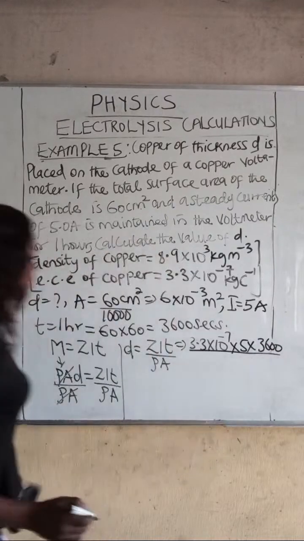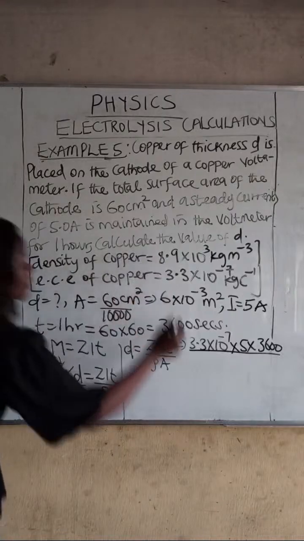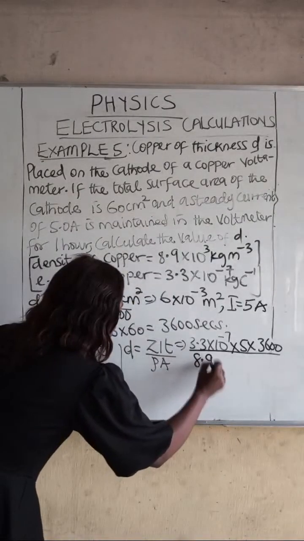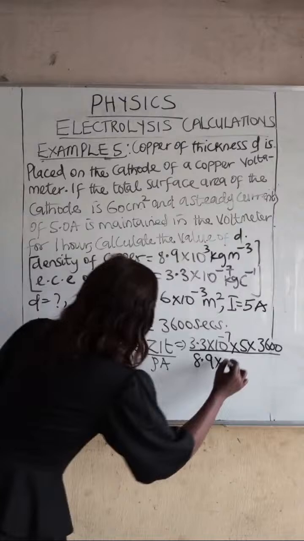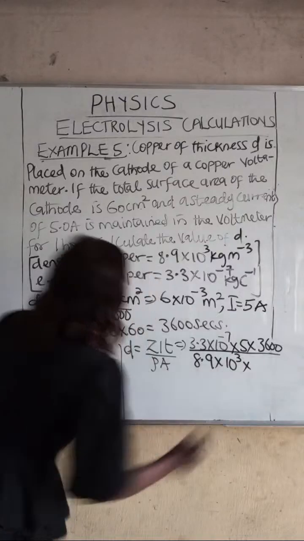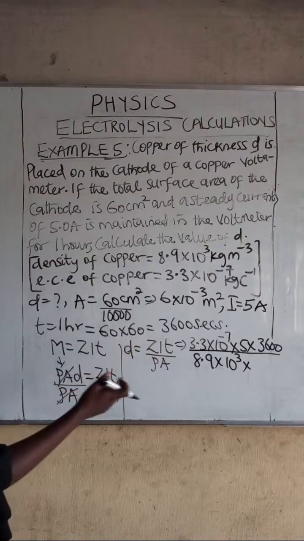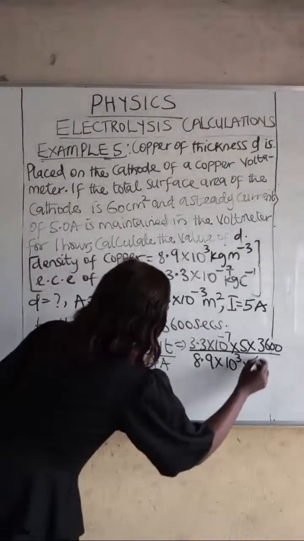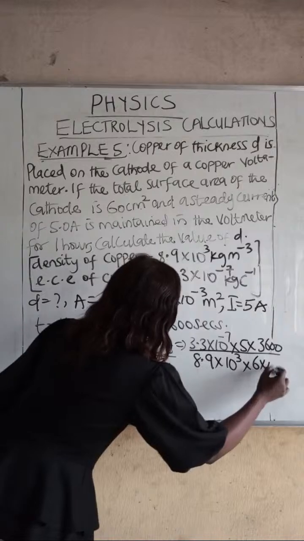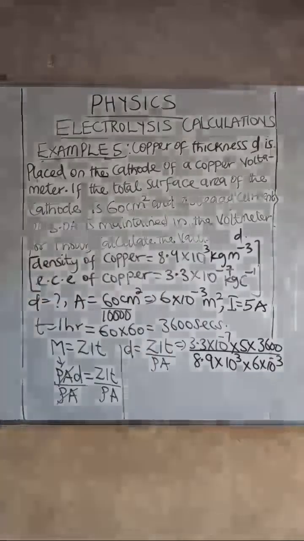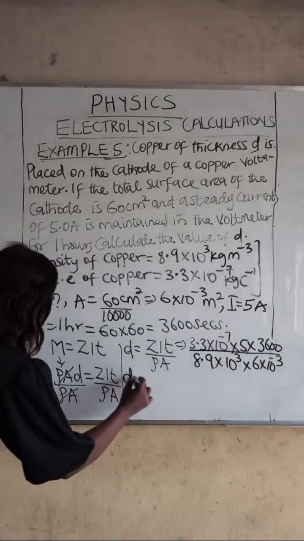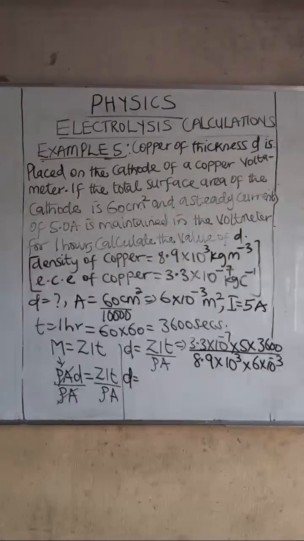Divided by my density given, which is 8.9 times 10 raised to the power of 3, then times my area, which I obtained to be 6 times 10 raised to the power of minus 3. Okay? So what I'm going to do now is to solve the numerator and the denominator.